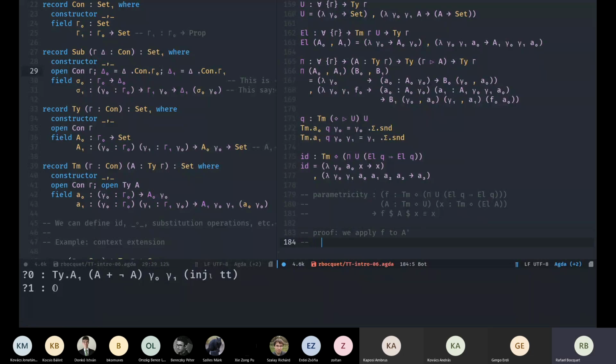To A prime, so A prime 0 will be the same as A0. I mean, it shouldn't work for the second component because then we quantify over all predicates and we don't have anything to use. So we can only use the second component to reason about the first component, right? And the second component, we completely discard the second component of A, I think.